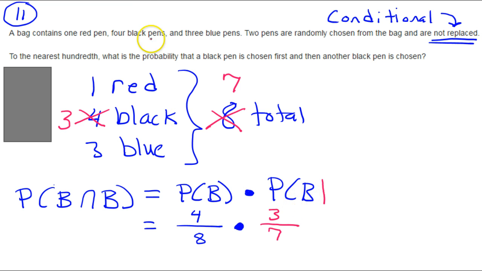For the second one, I have to say the probability of grabbing a black pen given that a black pen was already chosen. Okay, so really I should write it that way, but this extra information on the end is just a reflection of what we did here by changing the numbers. Instead of 4 out of 8, we recognize that because one pen was taken away and not put back, those numbers became 3 out of 7. Alright, that's all this means.